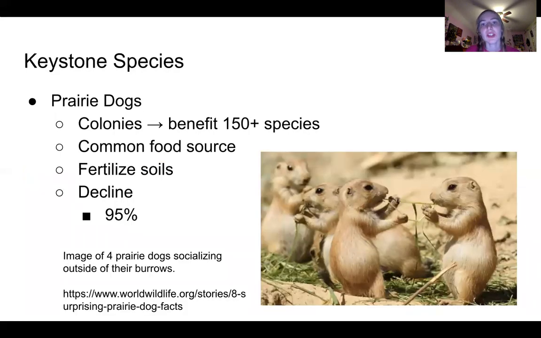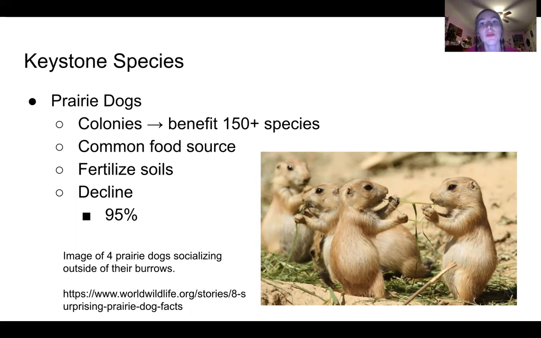An example of keystone species that we didn't cover are prairie dogs. They live in colonies and burrows underground, and their burrows actually benefit up to 150 other species that call them home as well. So they're really important, as well as being a very common source of prey out in the prairie, whether it's for black-footed ferrets, which depend on prairie dogs, and we've seen reintroduction of their populations, to birds of prey and really different types of predators.